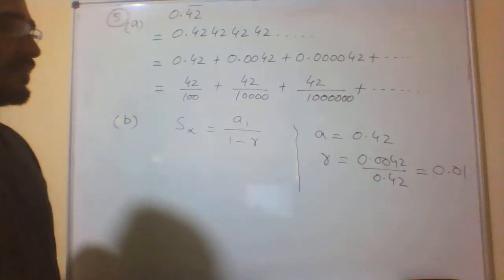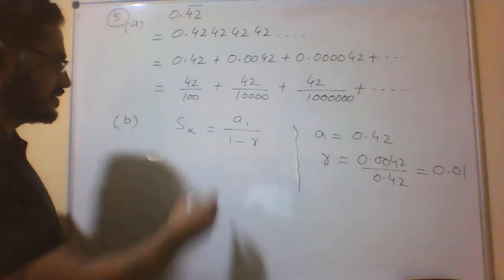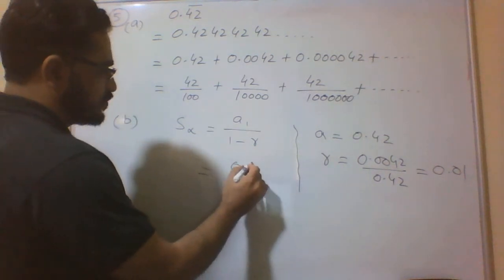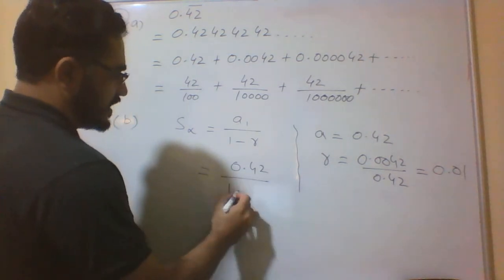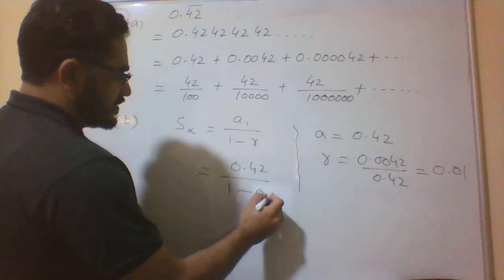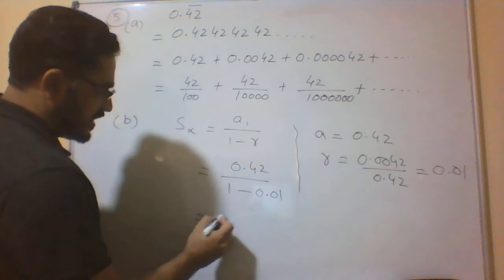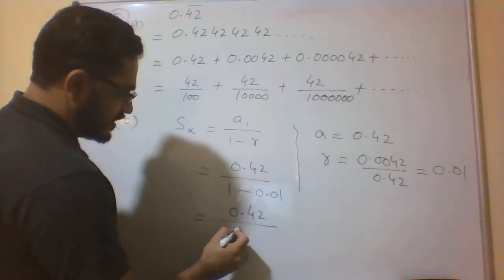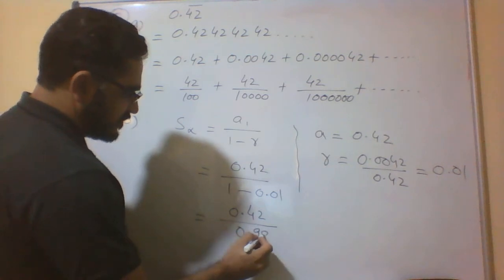This is the common ratio. Now we can substitute here: a is 0.42 divided by 1 minus 0.01, that will be 0.42 divided by 0.99.